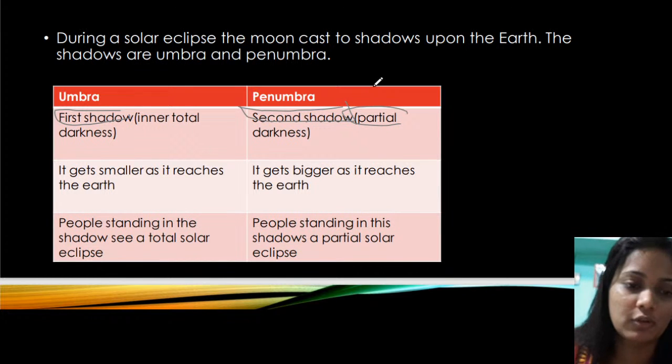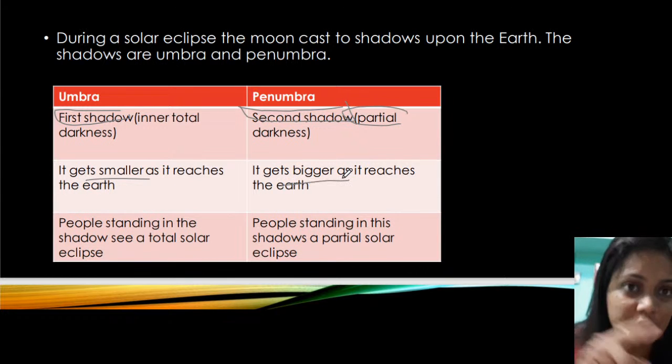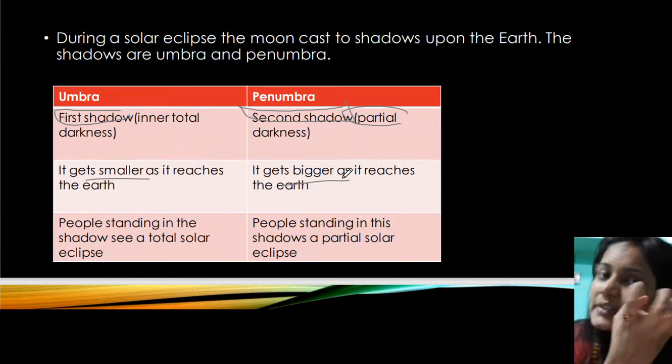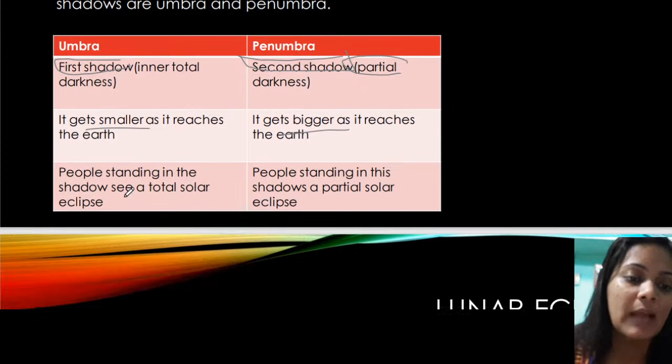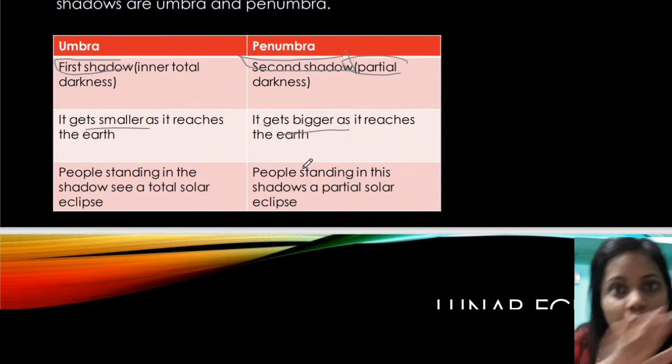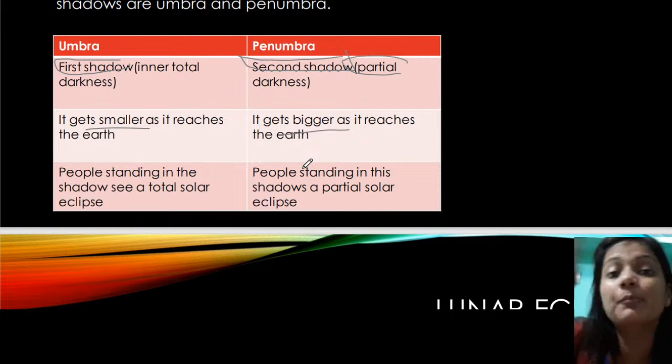The umbra shadow gets smaller and the penumbra shadow gets bigger as it reaches the earth. People standing in the umbra shadow see a total solar eclipse, because in the umbra region you will find complete black shadow.